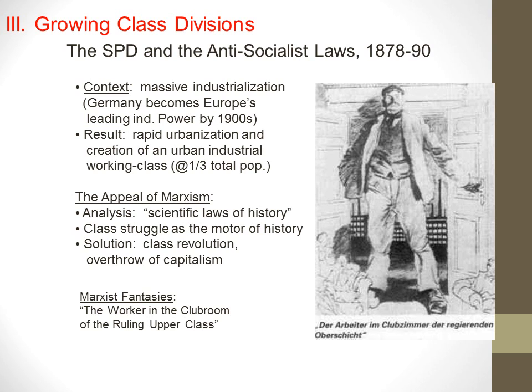And this political cartoon, the heading is "The Worker in the Club Room of the Ruling Class." And of course, Marxist revolutionary socialism was something that Bismarck feared greatly, as did the liberals, as did the conservatives in the so-called Center Party.